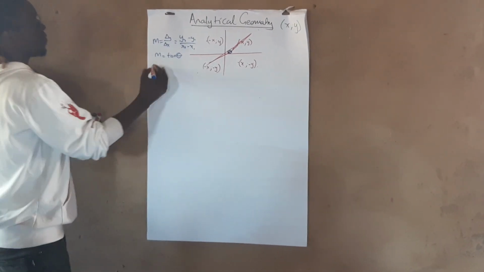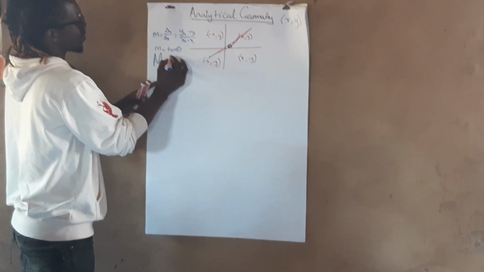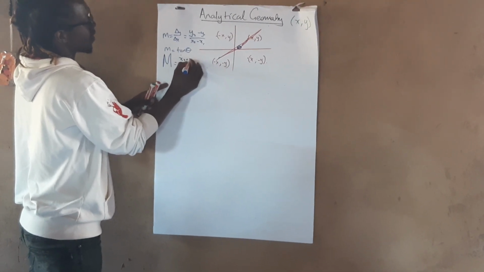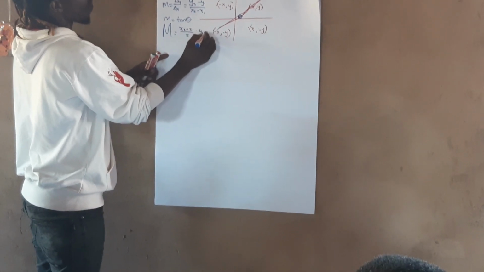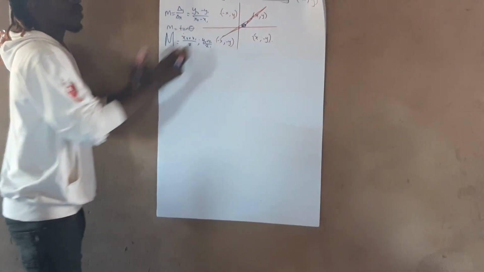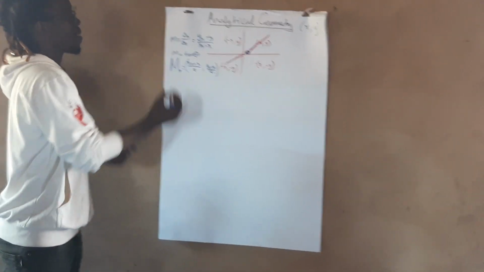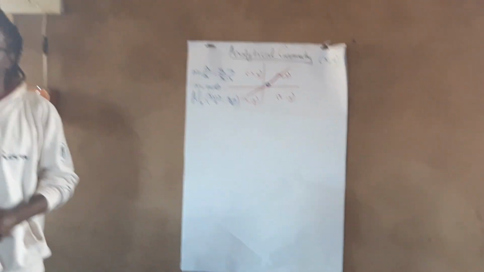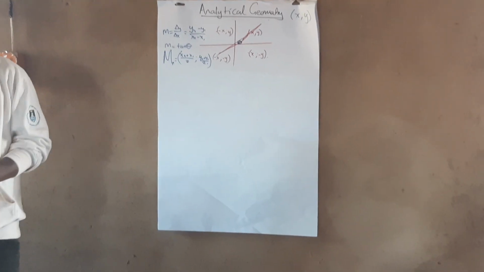And also we used to find the midpoint. So which midpoint is it? x2 plus x1 divided by 2 and y2 plus y1 divided by 2. And we have our point of the midpoint, right? What else do you use to find in the previous grades?